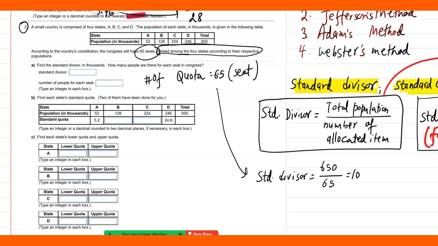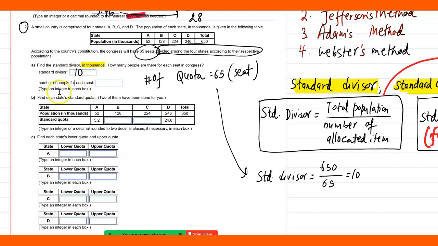Therefore, pretty much 10,000. Since we are writing the answer in thousand, and the question says already in thousand, you're not doing 10,000. You just write 10. That's all. 10 is already in thousand. Therefore, you just type 10 here.